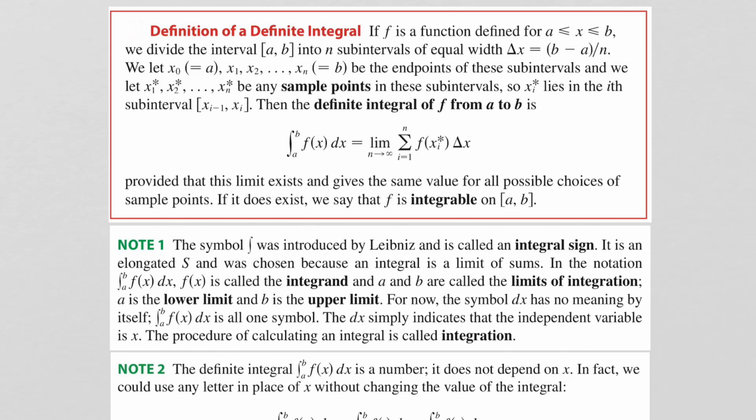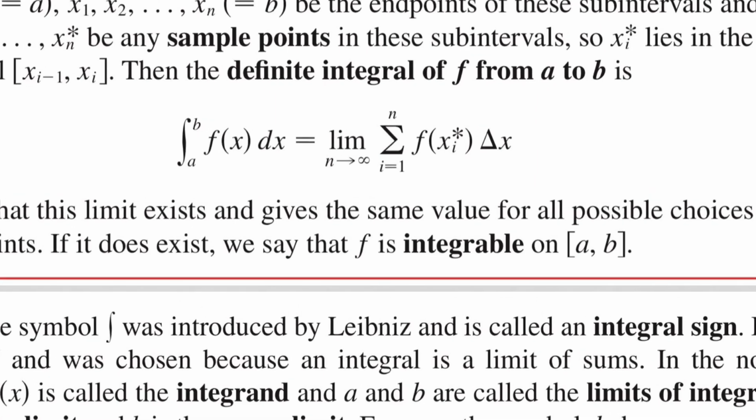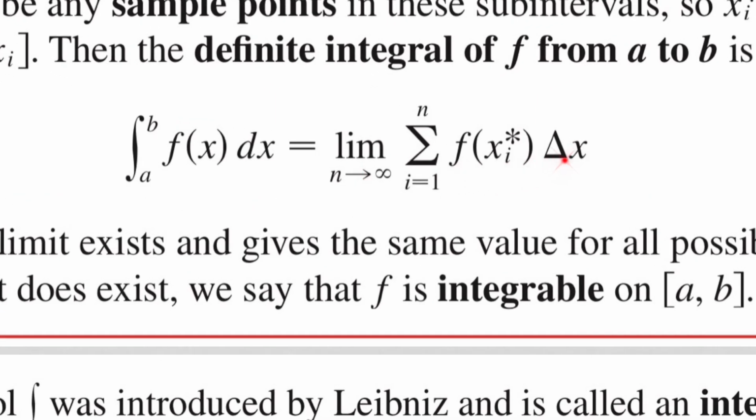The definition of a definite integral is that if you have some function defined from x equals a to x equals b, and you divide it up into n subintervals of equal width, where delta x is equal to b minus a over n, and we let x0 equal a, and then we have x1, x2 up to xn equal to b, be the endpoints of these subintervals, and we let x1 star, x2 star, etc. be any sample points in these subintervals, so that xi star lies in the ith subinterval, then we define the definite integral of f from a to b to be this: the limit of the Riemann sum.